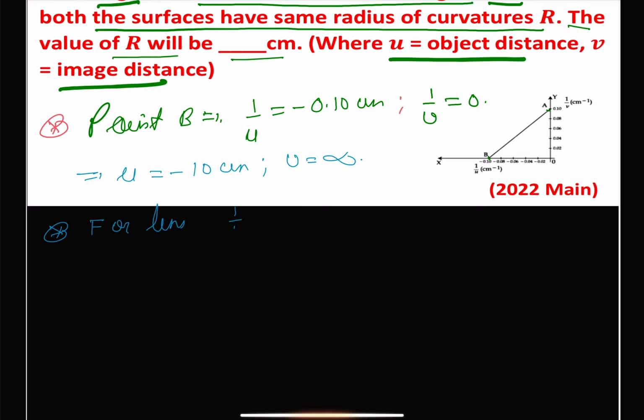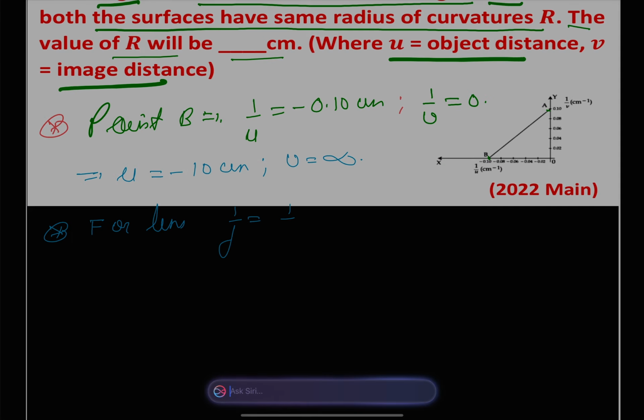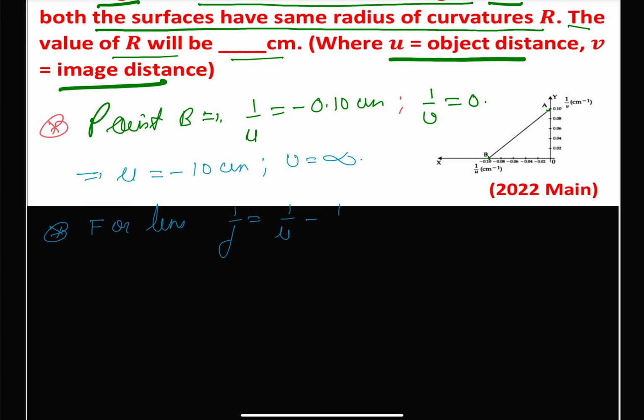We have 1 upon f is equal to, sorry, I wrote it wrong, 1 upon v minus 1 upon u. And this comes as 0, minus and minus will be coming as 1 upon 10, giving us focal length is equal to 10 centimeters.